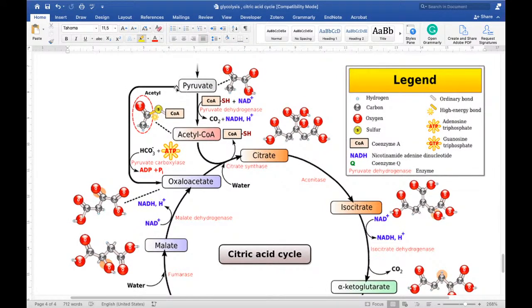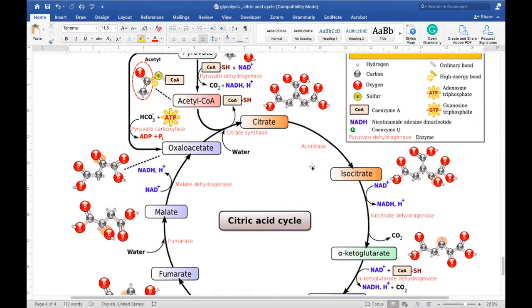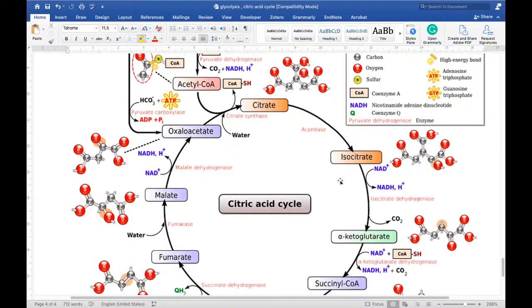First of all, to initiate our cycle, we have this molecule called citrate, and this citrate will produce isocitrate with the help of the enzyme aconitase. Once the isocitrate is produced, you will have your alpha ketoglutarate, in the presence of isocitrate dehydrogenase.